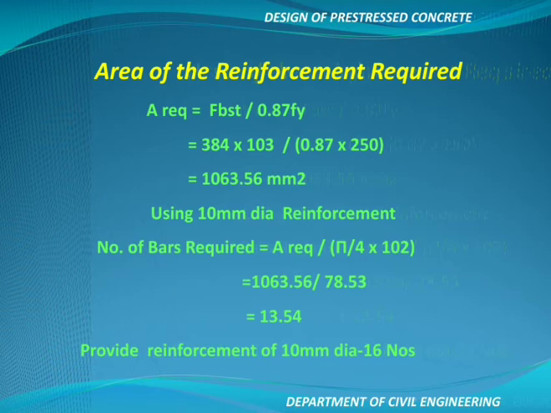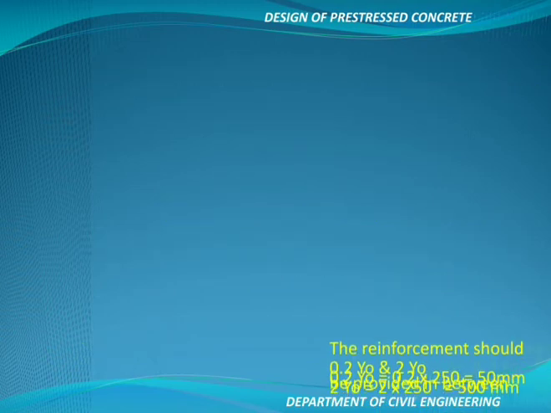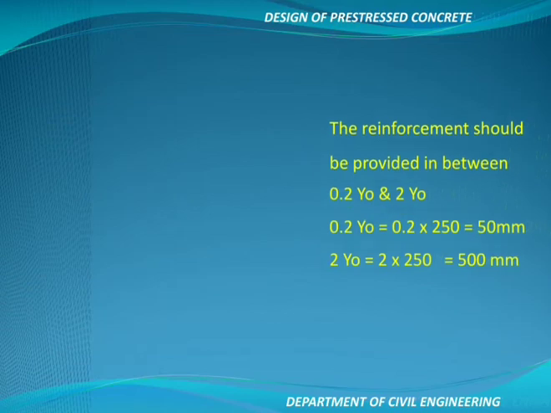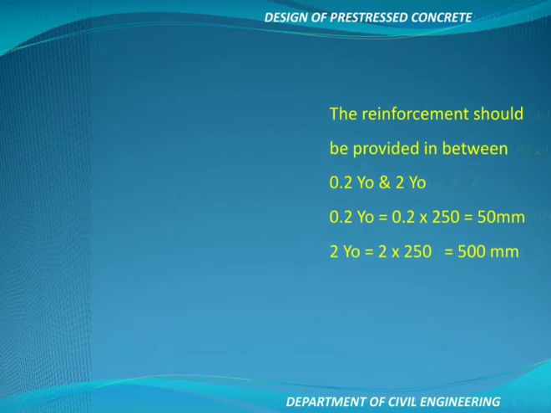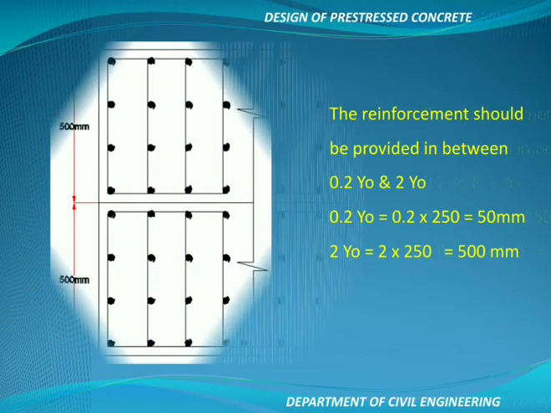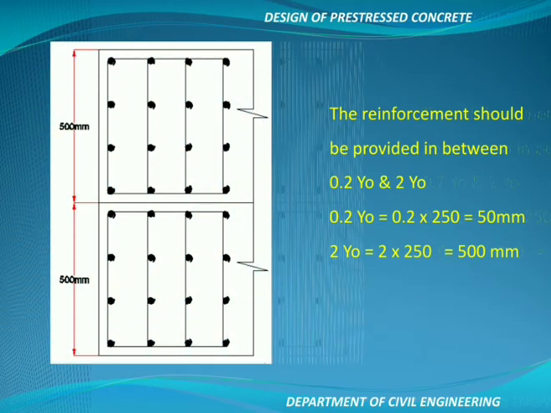So let us provide 16 number of 10 mm diameter bars. Again, the reinforcement should be provided between 0.2 Y0 to 2 Y0, which is again 50 and 500 mm. So in this case, we get a figure in this way.